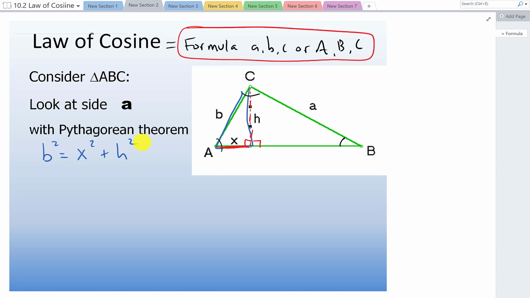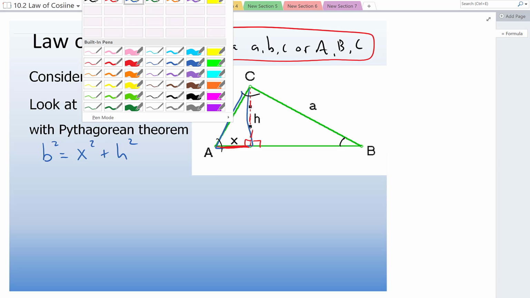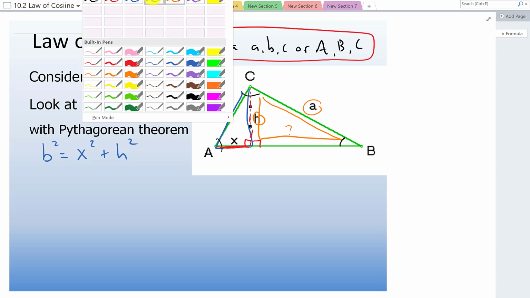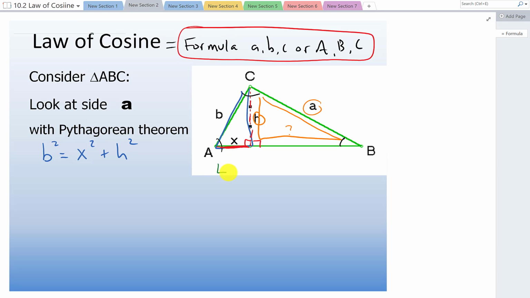Okay, now I'm going to further isolate this other triangle. Okay, so I have a triangle over here too. And it also has h in it, has a on it, but I don't know this side. However, the whole side is c, little c. So from here to here is the side little c.